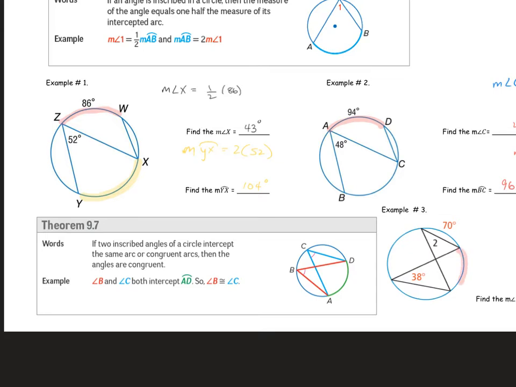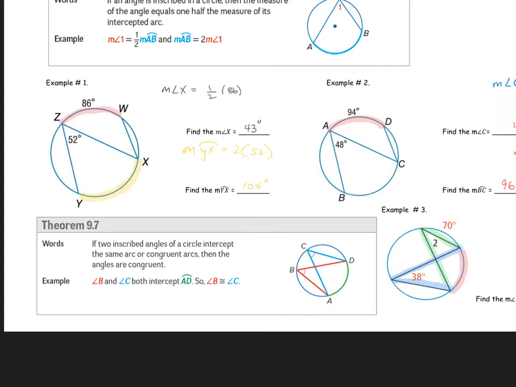If I highlight that arc, that's my intercepted arc. If I highlight right here, I see that angle 2. And I also see over here that this 38 degrees right here swoops out that same arc.